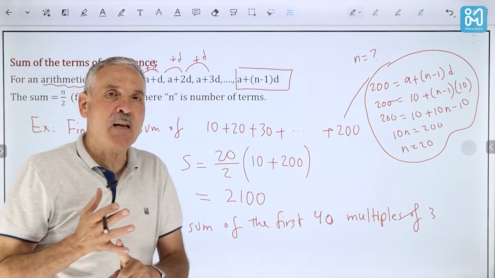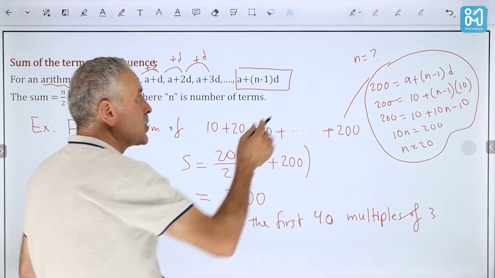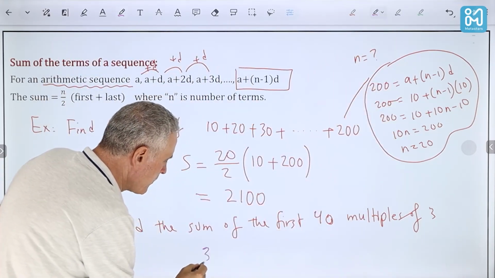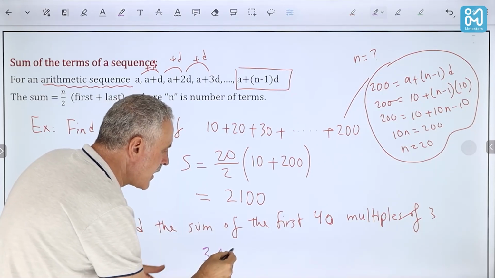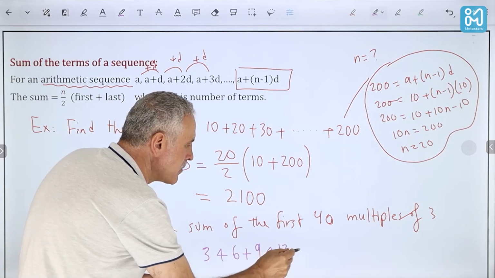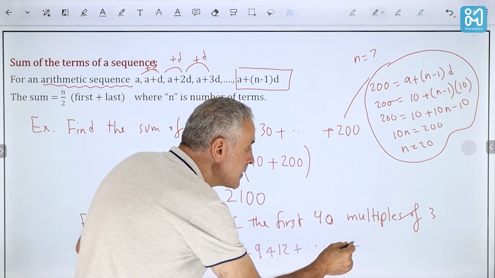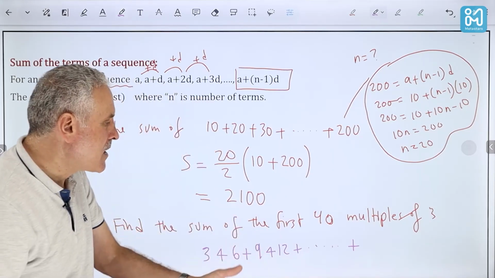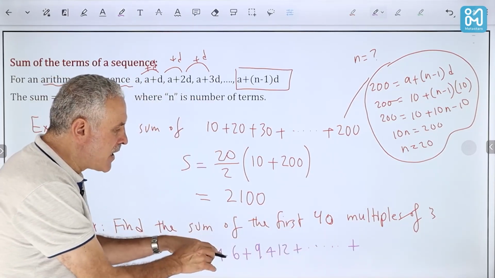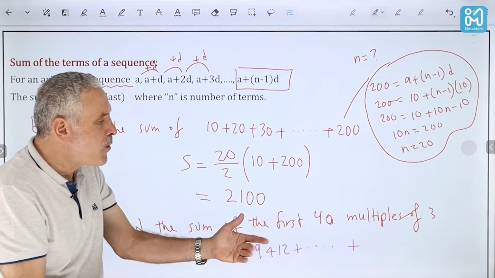This requires a skill of knowing what the multiples of 3 are. You should know. If you don't know, you will lose the question. Multiples of 3: 3, 6, 9, 12, plus, up to, we want 40 multiples. If this is 1 times 3, 2 times 3, the 40th term will be 40 times 3.